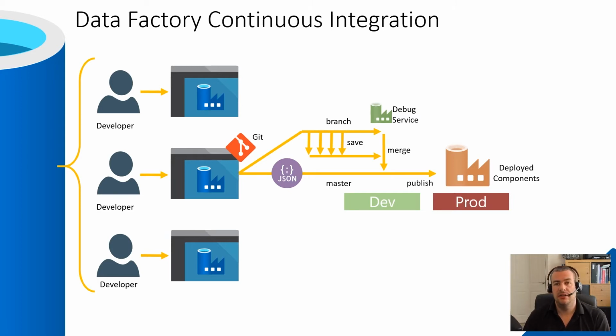So within our developer UI, there will be a publish button, very much like with a Visual Studio project, where we might right click and publish. And what that'll do is take our code from our master branch and deploy those pipelines, those activities, whatever it may be, to that Data Factory resource that we've got available in Azure.